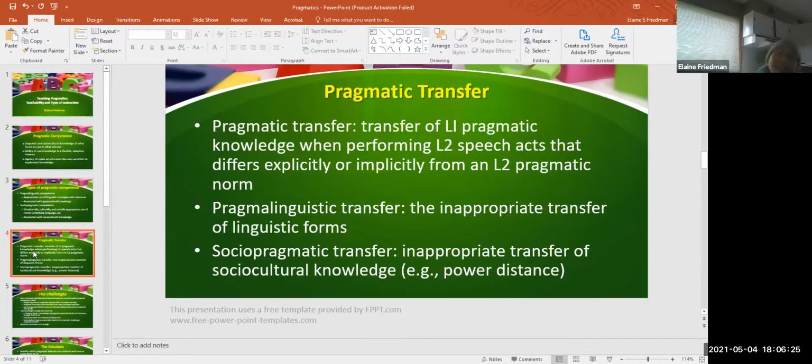So I just want to give an example of a pragmalinguistic transfer. Excuse me, one second while my voice comes back. So for example, if we're talking about requests, I'm sorry, just give me one minute.